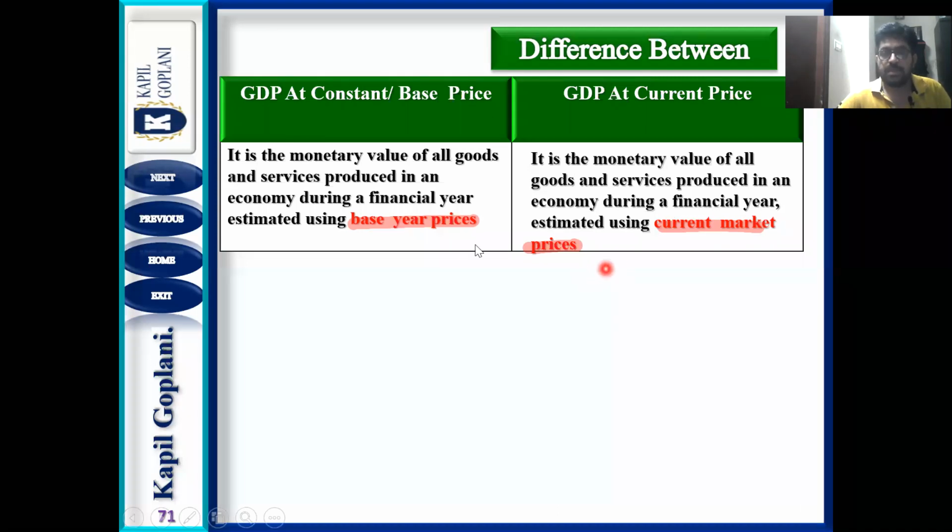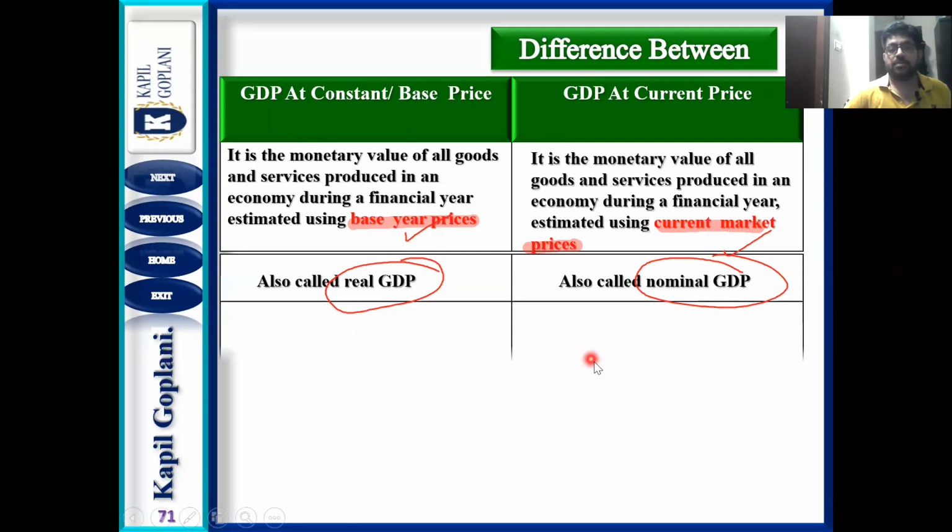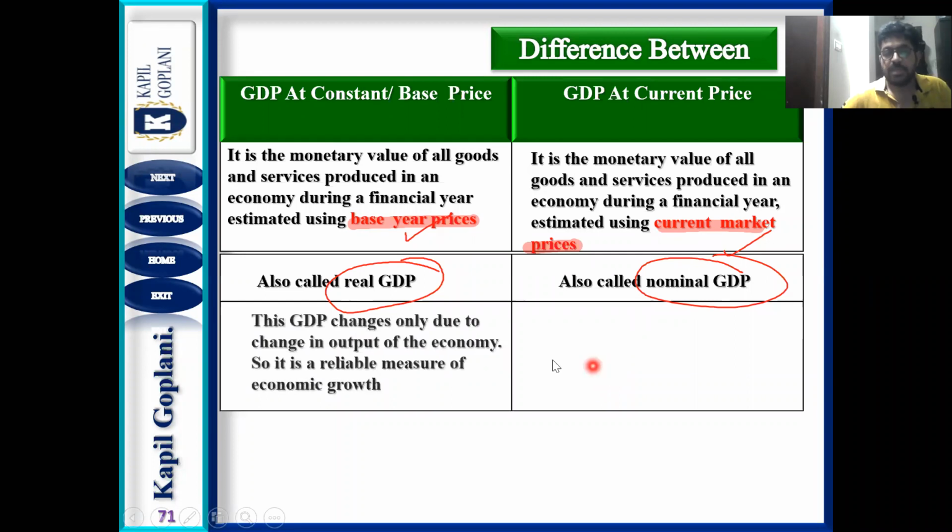When it is taken at base year price, that will be known as GDP at constant price, or by the other names we have discussed, real GDP as well as nominal GDP. As I already told you, real GDP is that GDP which we calculate at base year price, and nominal GDP is the GDP which we calculate at current market price. After that comes the point that real GDP changes only due to the change in output.